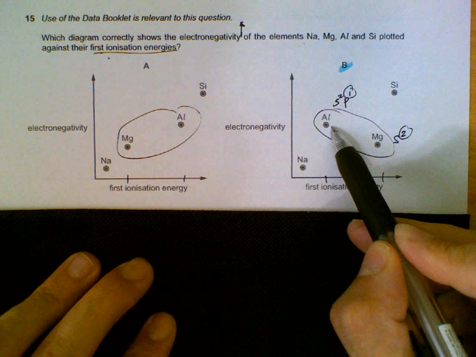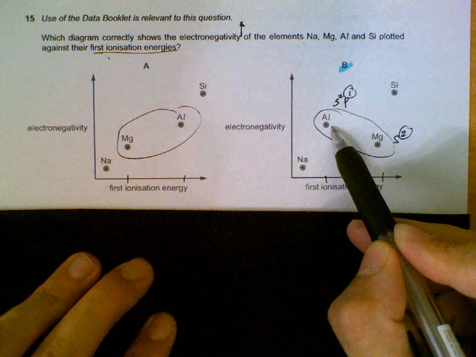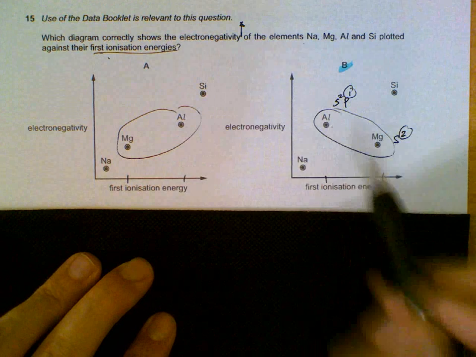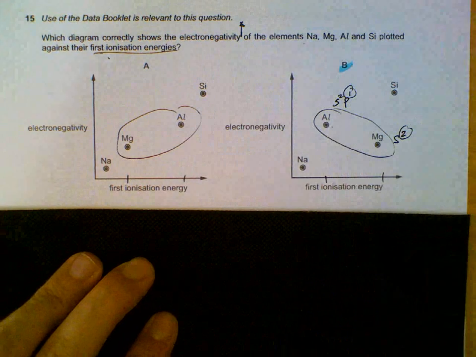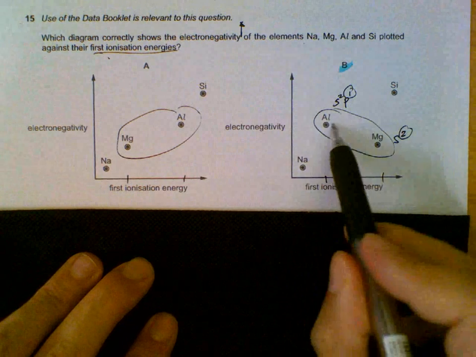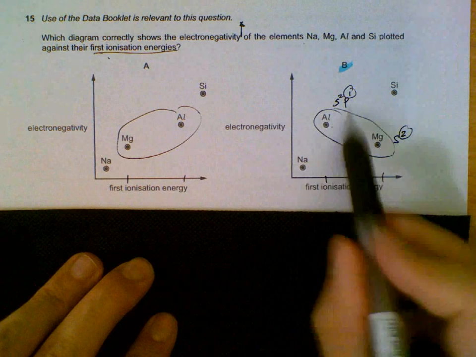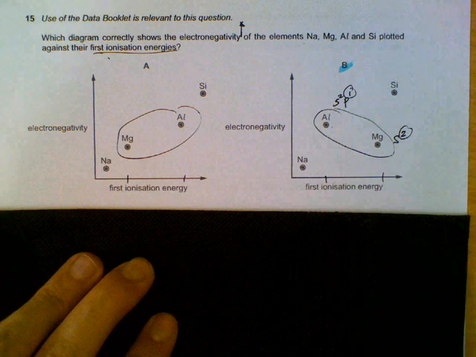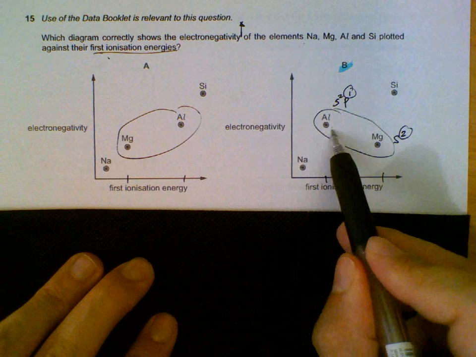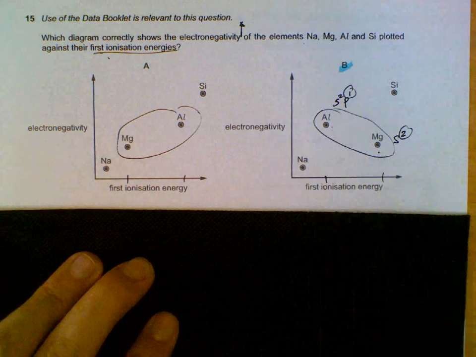Right. If you are not convinced about this, you can also check the data booklet where they list the ionization energies numerically, and then you can easily compare. So either you reason it out or you check the data booklet to compare the values for the first IE of aluminium and magnesium.